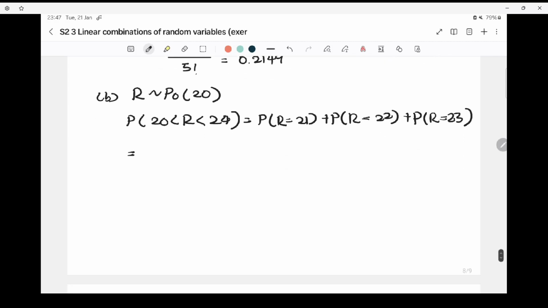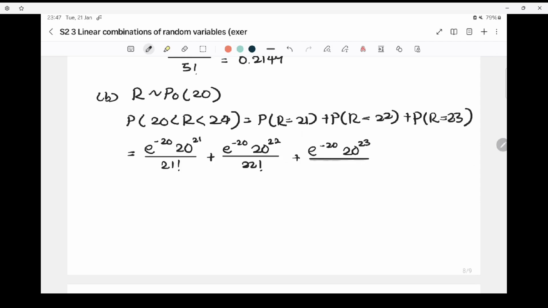So this will be e to the power of minus 20, 20 to the power 21, divided by 21 factorial, plus e to the power of minus 20, 20 to the power 22, divided by 22 factorial, plus e to the power of minus 20, 20 to the power 23, divided by 23 factorial. This will give us 0.2284.